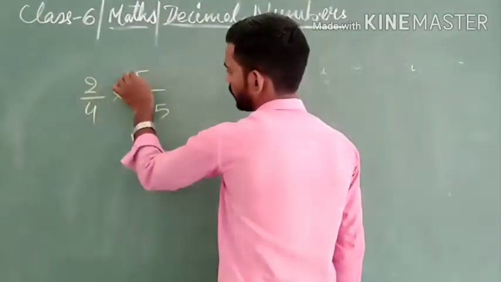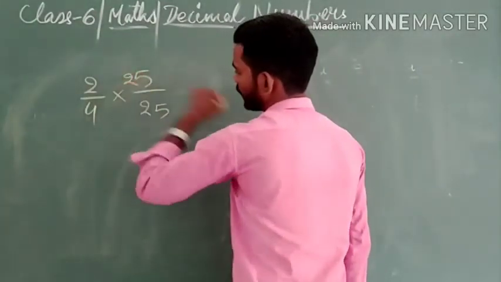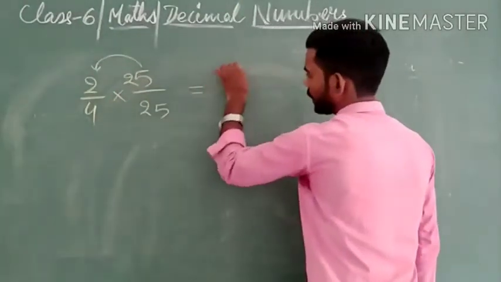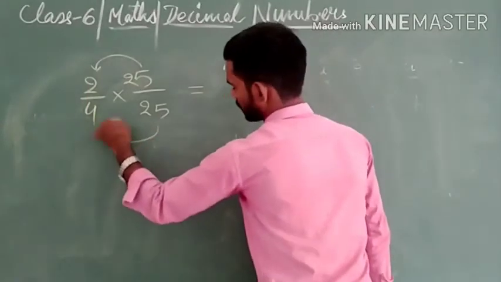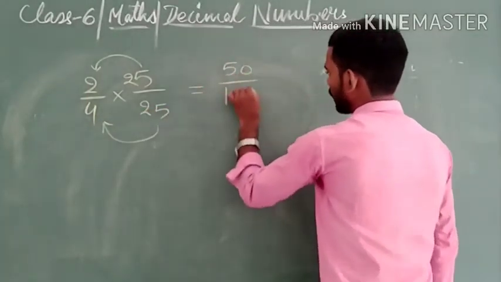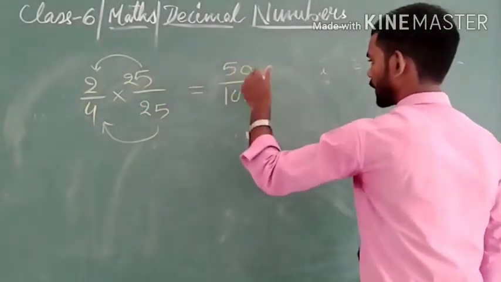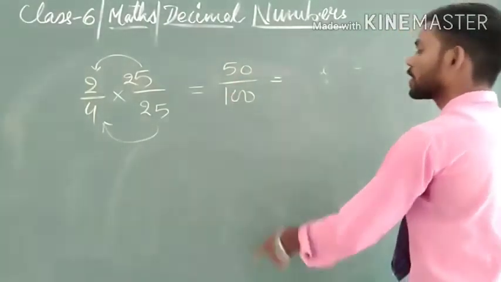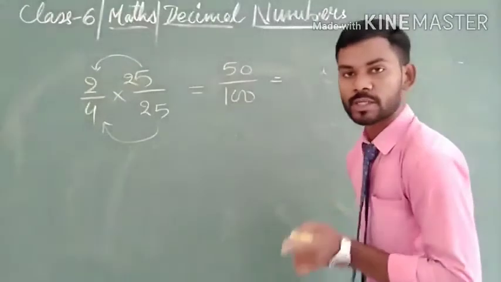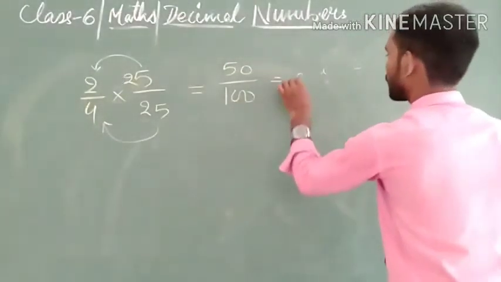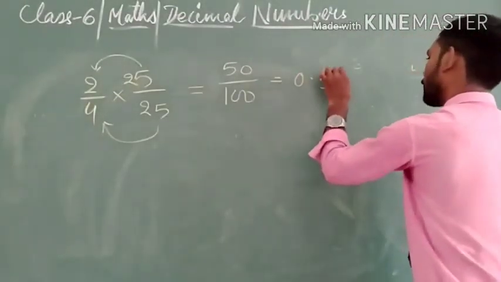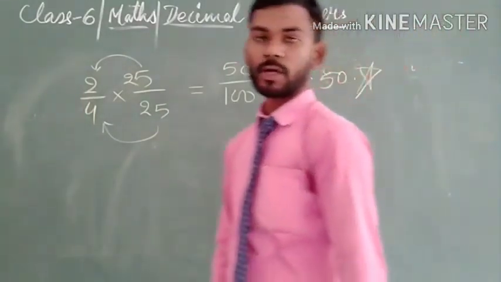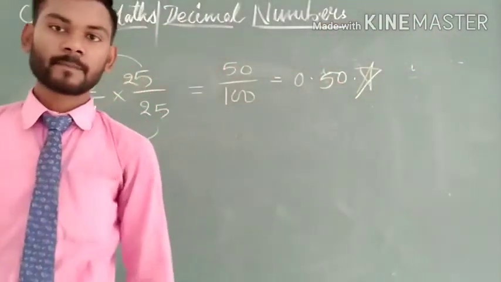Therefore it is necessary to multiply it by 25. So here we get 25 upon 25 times 2 is 50, and 25 times 4 is 100, and it becomes a decimal fraction, and when we change it, we put the decimal after 2 digits from right hand side. So here we get 0.50, which is our required result. Okay, I hope it is clear.